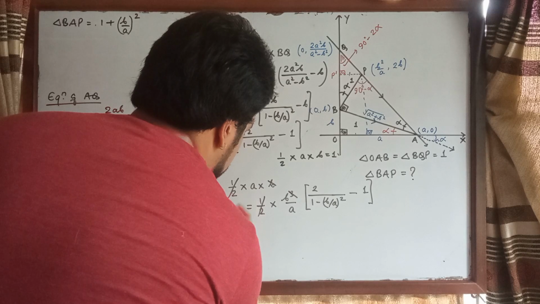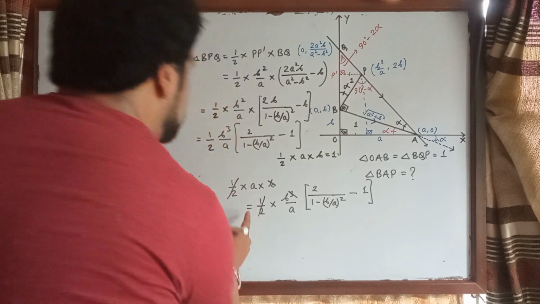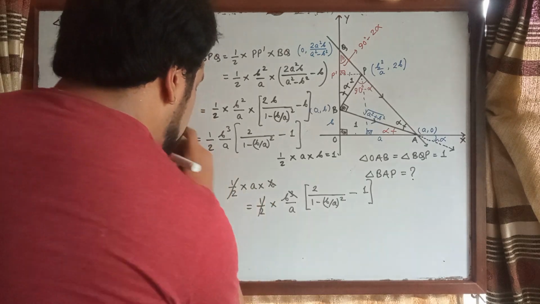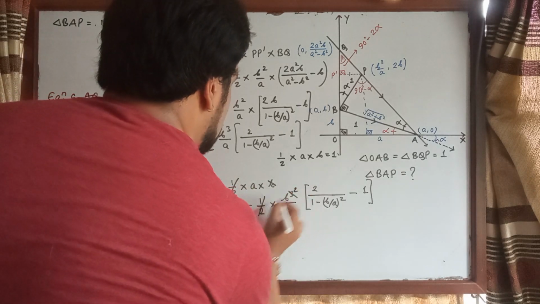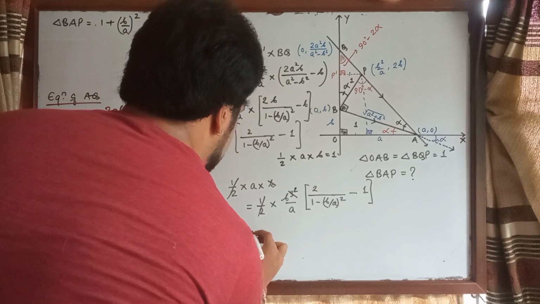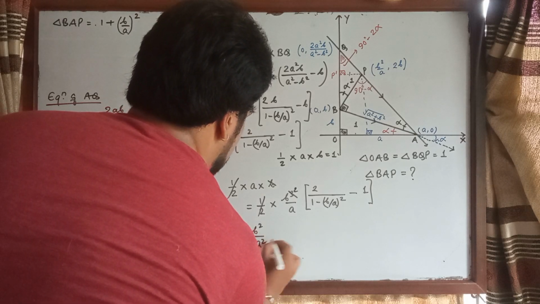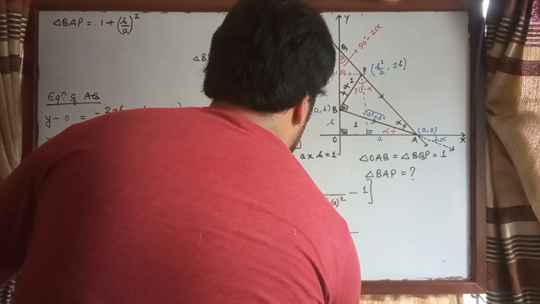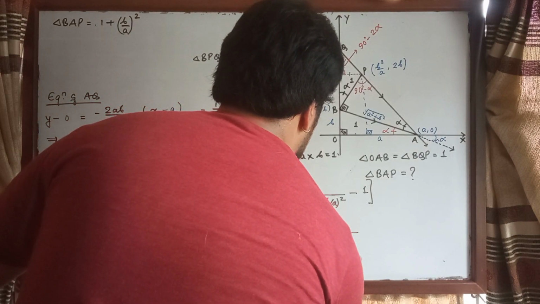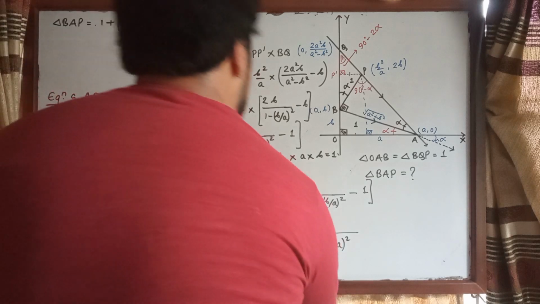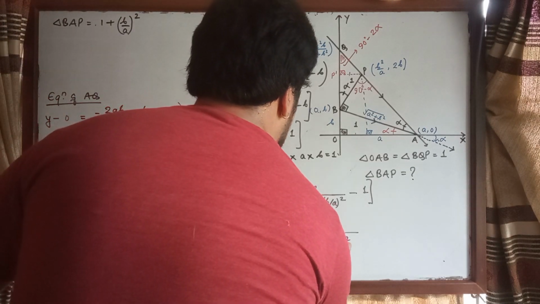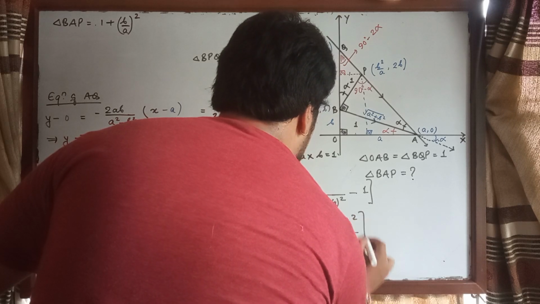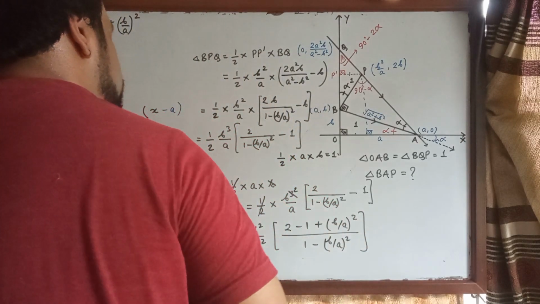What we can do is send this a all the way down here, and we get 1 equals b squared over a squared times, to simplify this part, twice minus 1 plus b over a squared. We need the value of this thing right here.